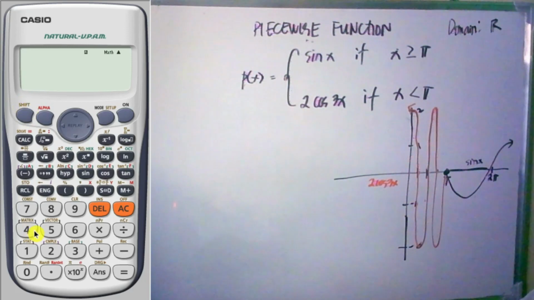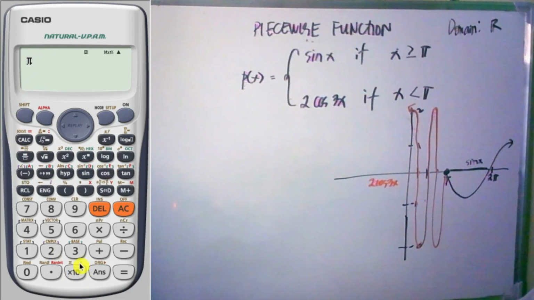So, halimbawa, gusto kong i-input si pi, since nandyan siya sa taas na naka-color yellow, kailangan kong pindutin muna si shift and then that button. So magbibigay siya ng pi.